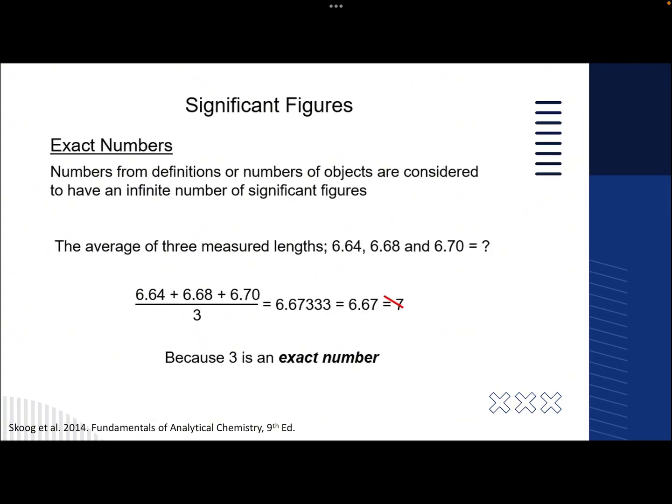Okay, exact numbers. Numbers from definitions or numbers of objects are considered to have an infinite number of significant figures. Another example is calculating the mean. When you calculate the mean, your determination of significant figures must relate to your given data.